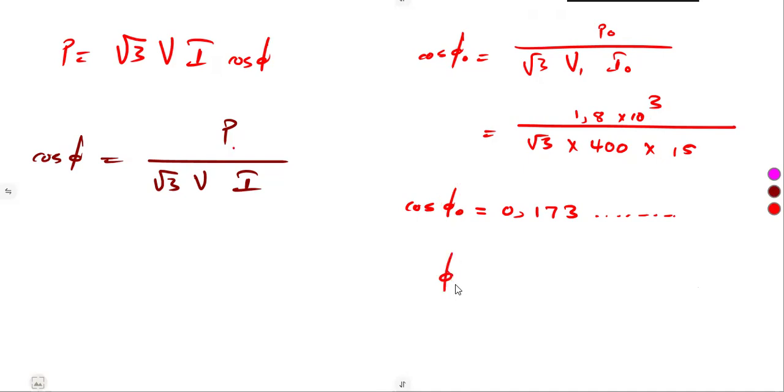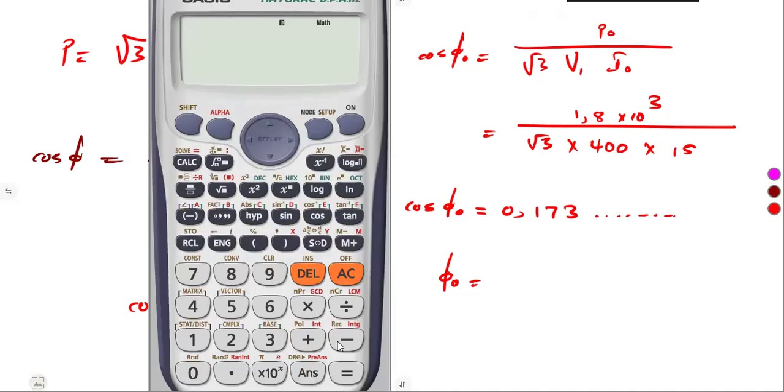So our phase angle is the arc cos, remember we're dealing with cos, of this decimal as it is. Let me do this. Say you've got your value like this: 10 to the exponent of 3 over the square root of 3, multiplied by 400 times 15.